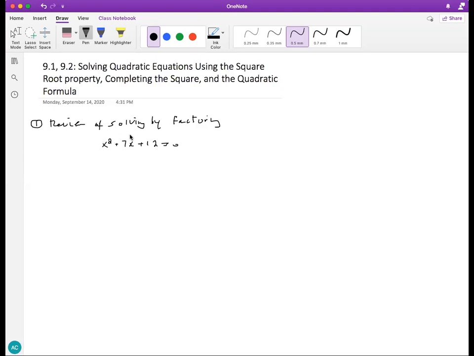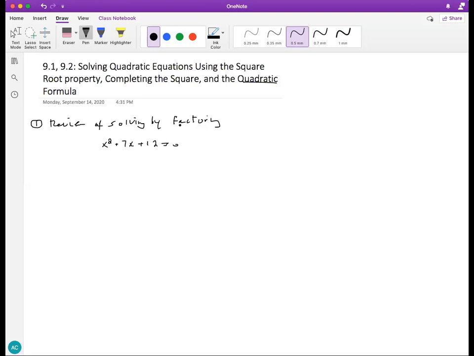Why do we call this quadratic and not cubic or first degree? It has power 2. Exactly. So power 2 is the highest power. That's what makes it quadratic. If this was 3, it would be cubic or third degree. If it was 1, it would be a linear equation and so on.